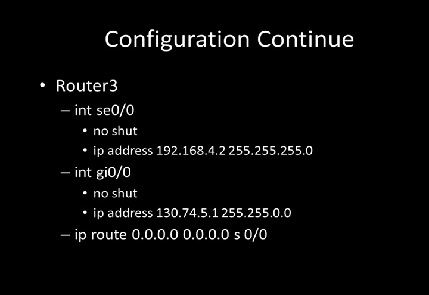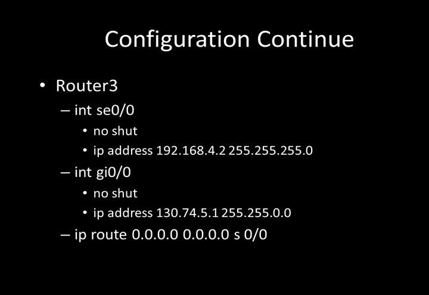The configuration of router 3 included a serial port of 0/0 and an Ethernet port of also 0/0. Both interfaces utilize the no shut command, being entered before the IP addresses are configured. We set the IP of the serial port to 192.168.4.2 with a subnet mask of 255.255.255.0.